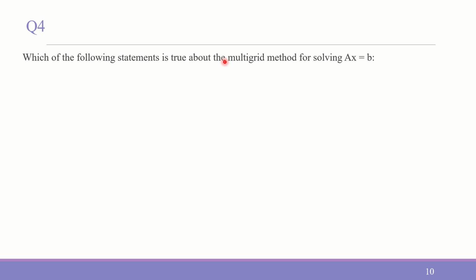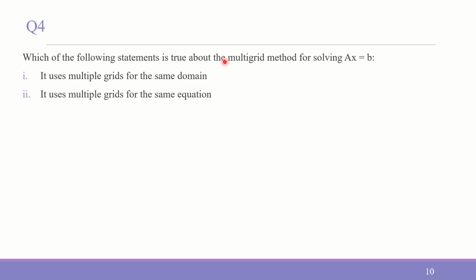The first statement is that it uses multiple grids for the same domain. Second one, it uses multiple grids for the same equation. So we are given two statements and we need to identify which of them are true.